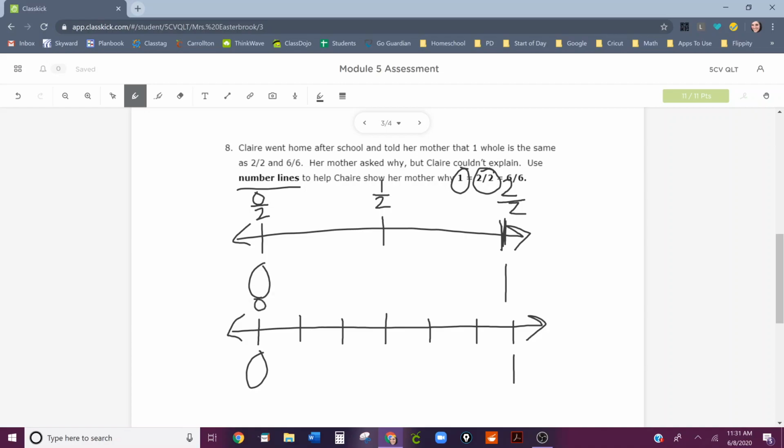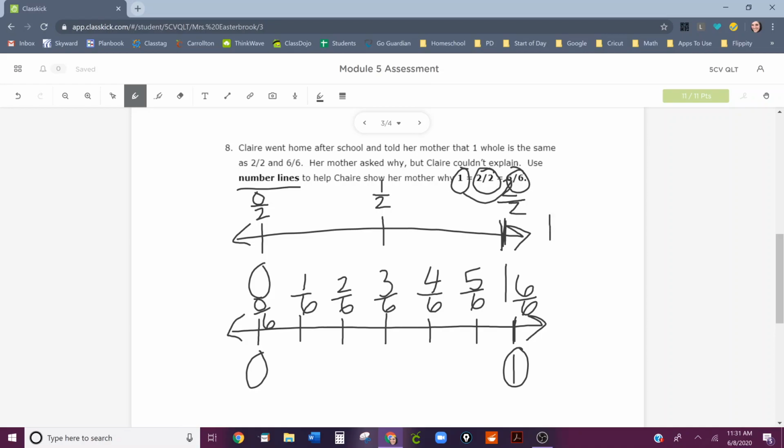So this one is 0/6, 1/6, 2/6, 3/6, 4/6, 5/6, and the last line is 6/6. And once again, 6/6 lines up with 1 whole. So 6/6 is the same as 1 whole.